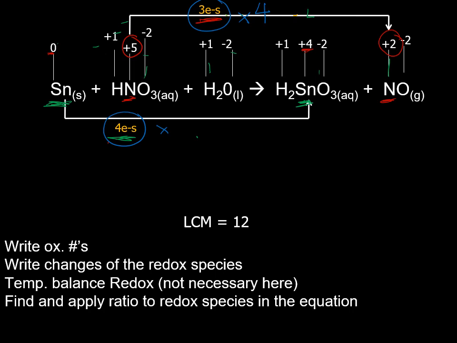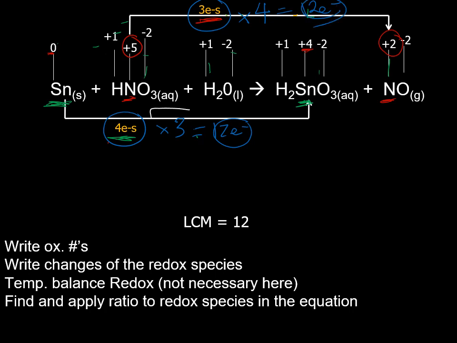So if we get this reduction to happen 4 times, then we'd be talking about 12 electrons. If we get this oxidation to happen 3 times, then we're talking about the loss of 12 electrons. And that would get us our equal number of electrons on both sides.